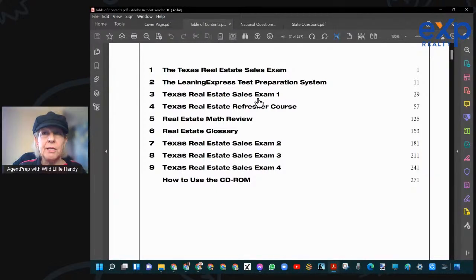As you can see, it's got exams 1, 2, 3, and 4. It's got vocabulary, also known as glossary, math review, a little bit of a test preparation system, and an overview of what a Texas sales exam is. However, the national questions and vocabulary apply to all states.